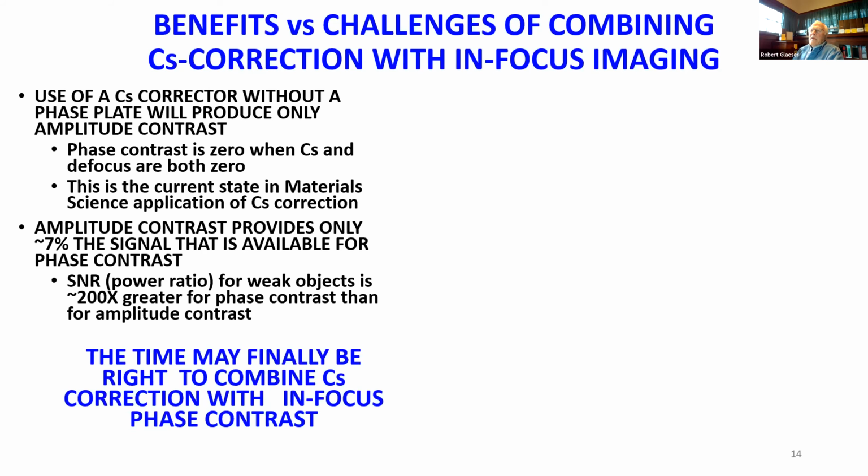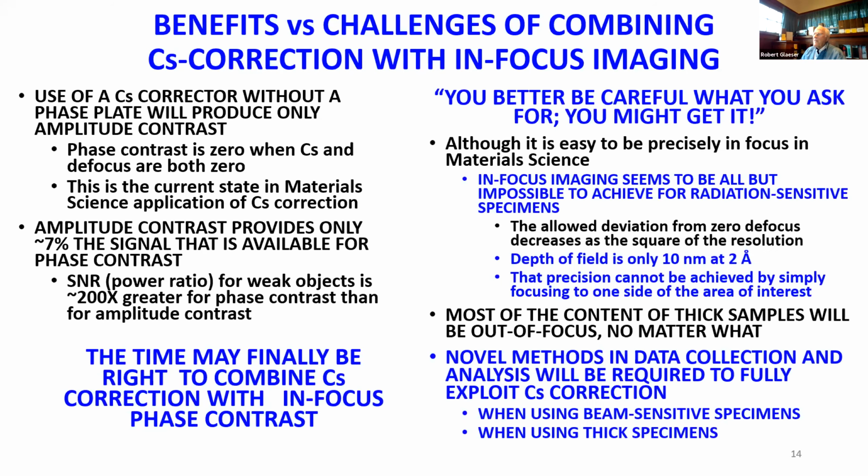So there's a lot of promise. I say it with some reluctance or hesitancy, but there's a lot of promise in combining a phase plate with spherical aberration correction. Perhaps the time is finally right to bite the bullet and combine these two.